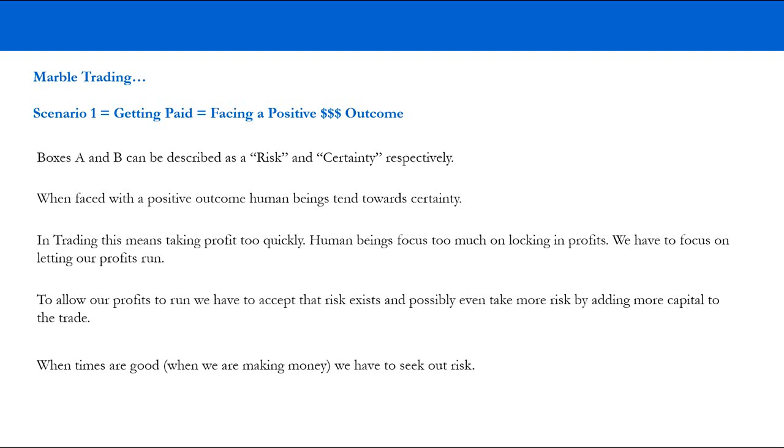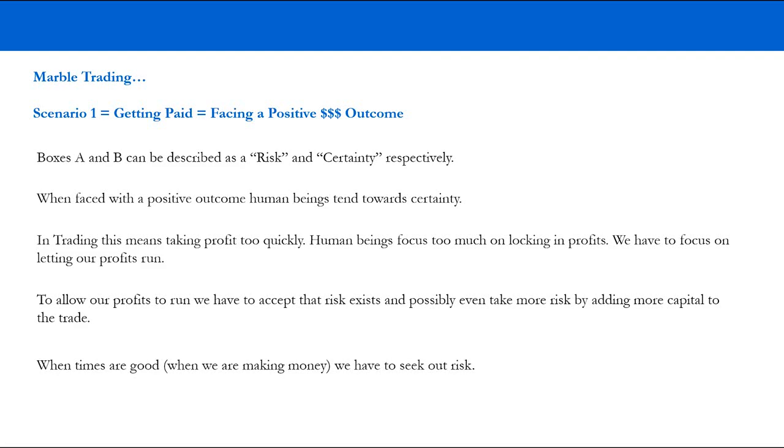Now, because the numbers are close together, it's not so obvious when you first look at it. But the principles apply. If there were bigger numbers involved, it would become more and more apparent. So if we take risk when getting paid, we make more than if we choose no risk when getting paid.